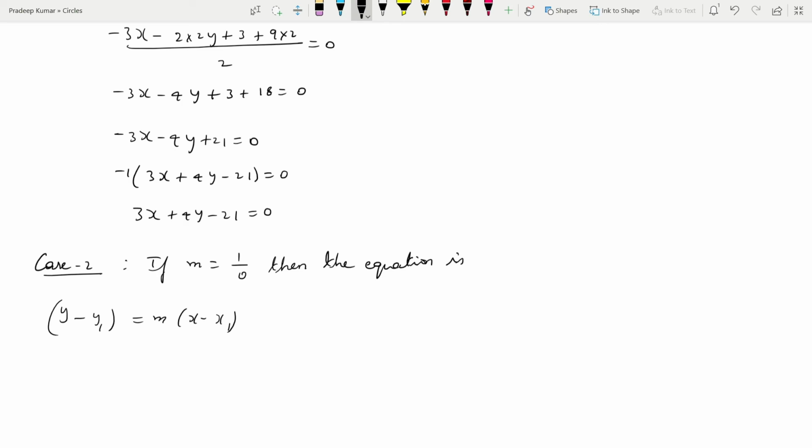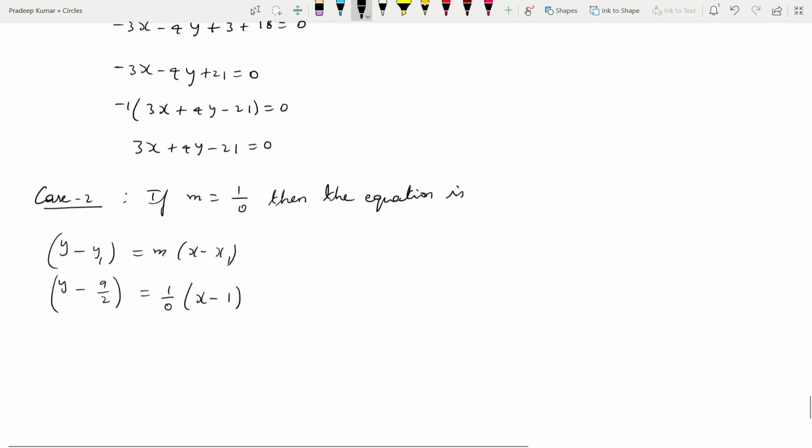So I'm just substituting here the m value, so I'll be getting this as y minus 9 by 2. This is the point, right? So equal to m value, which is nothing but 1 by 0, and this is x minus 1. As this is the point, where x is 1 and y is 9 by 2, I just substituted the values.